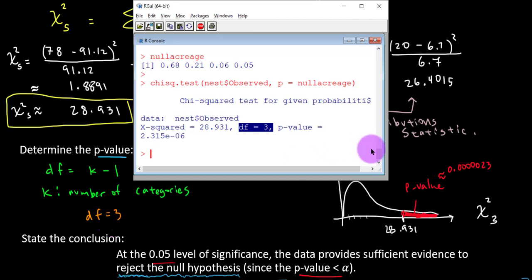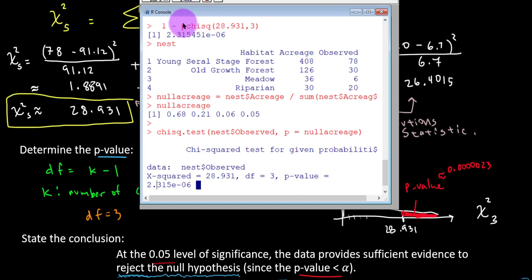And lastly, our p-value, recall it was a very minuscule amount, and there it is right there. And if I scroll up, strategically scrolled up here, here was our calculation using pchisq for the p-value outside of the chi-square test function in R.